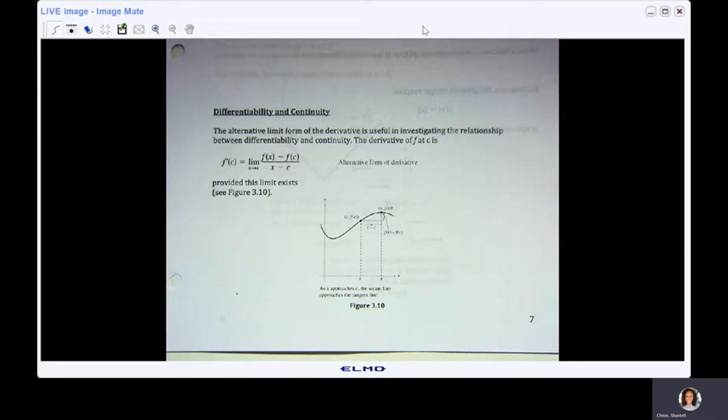The derivative of f at c is equal to the limit as x approaches c of f of x minus f at c over x minus c, provided that the limit exists. This is just an alternative form of the derivative, where we remove the delta x and instead say the limit as x approaches that constant c.